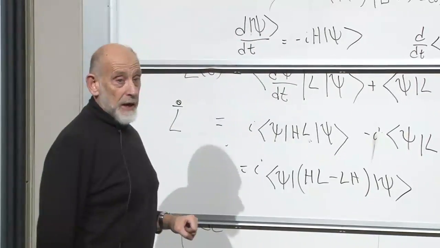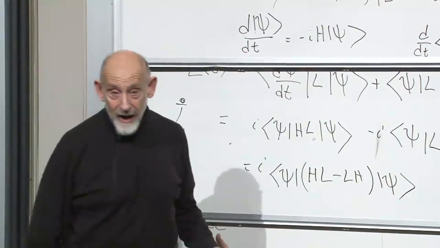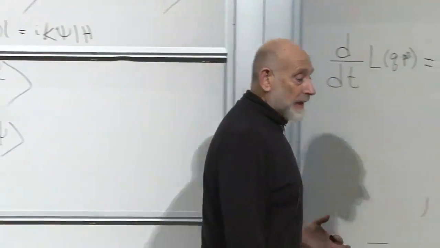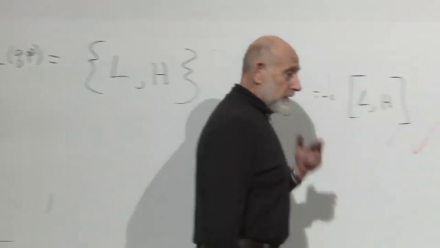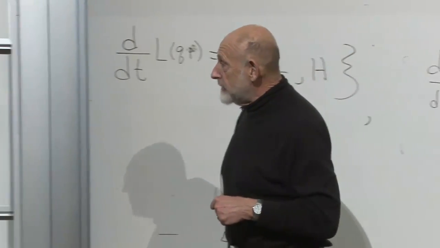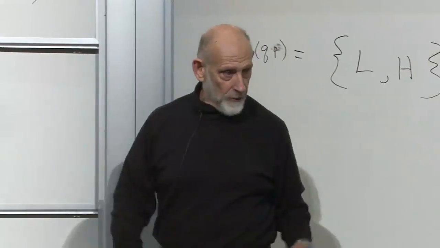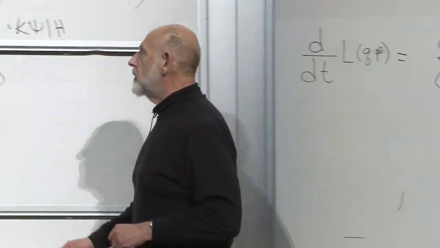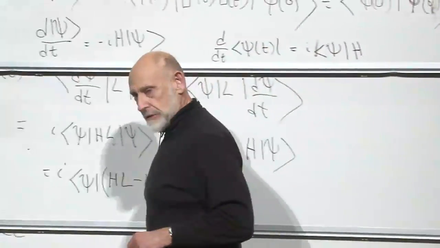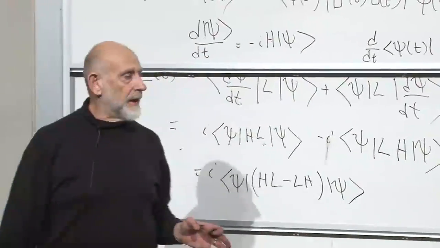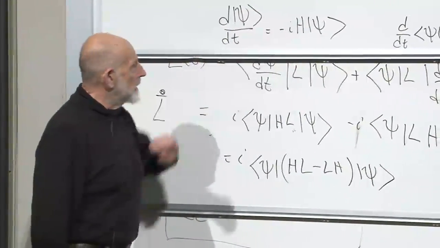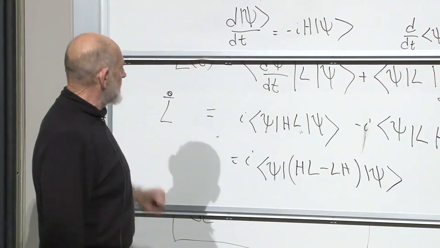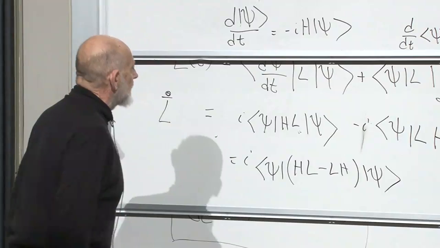The left-hand side has units of inverse time. Inverse time and energy don't have the same units. Inverse time is inverse seconds, and energy is joules or whatever. So we have an equation which doesn't make good dimensional sense. We need a constant in here. Let's see, where does the constant go? Does it go on the right-hand side or the left-hand side?